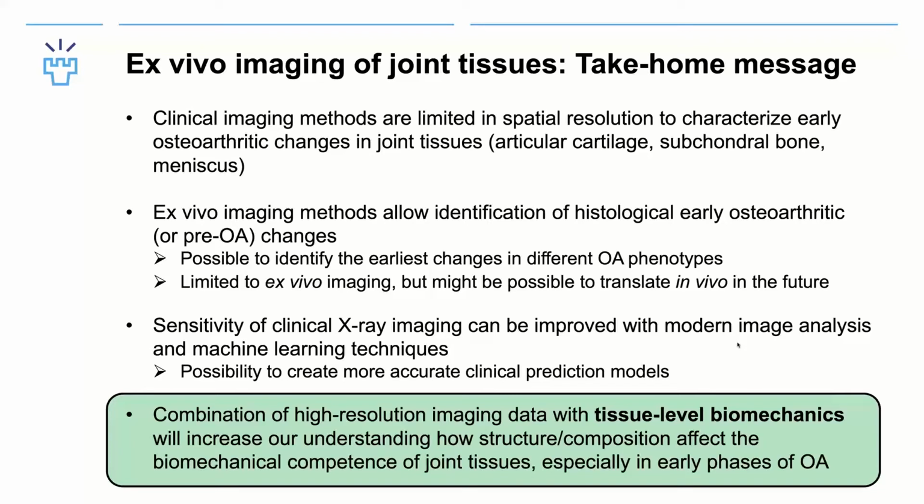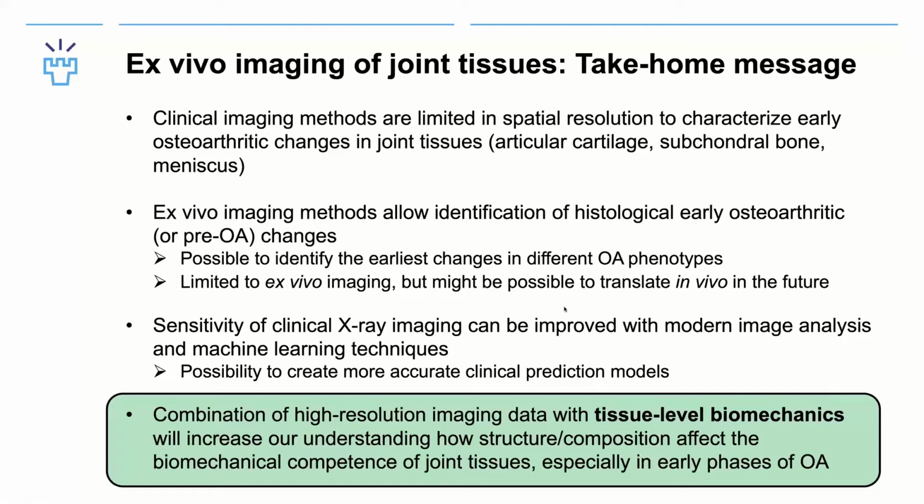Does it start when you have some really minor molecular or structural changes in the tissue, or when you actually start to have symptoms? This would be a question for a different day to discuss. But we can talk about pre-osteoarthritic changes. We can see really early changes, and it's possible to identify the early changes in different osteoarthritic phenotypes.